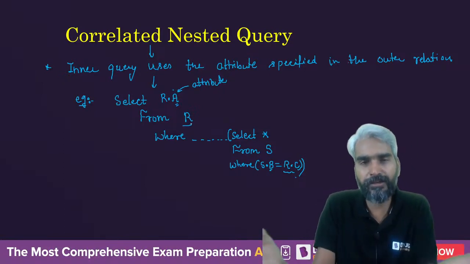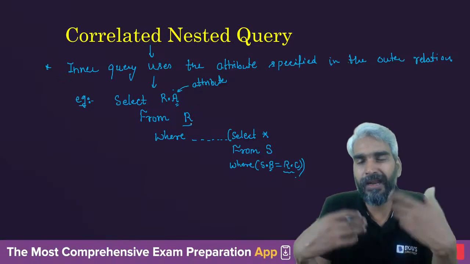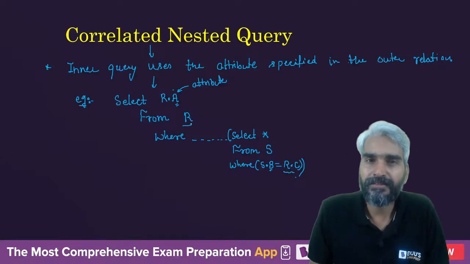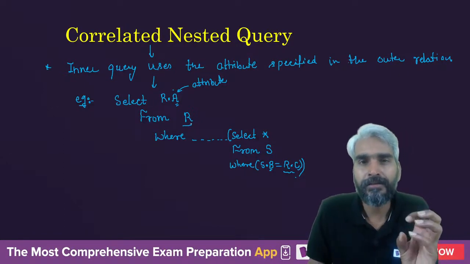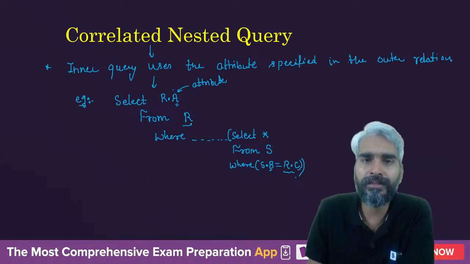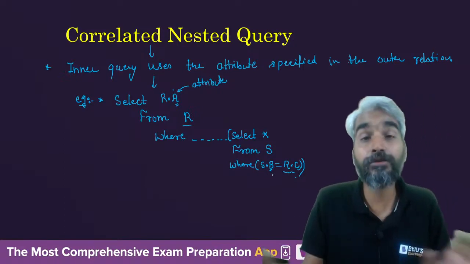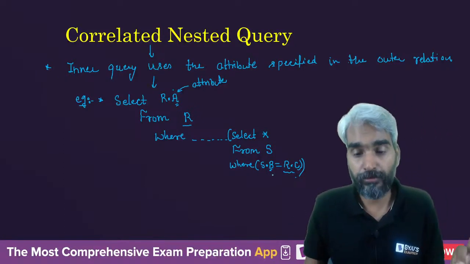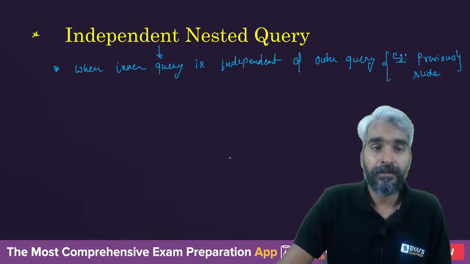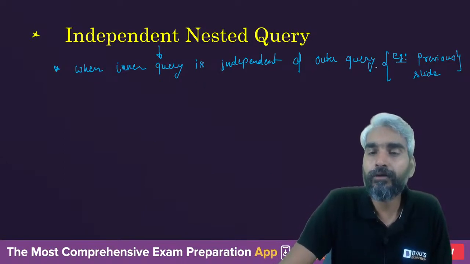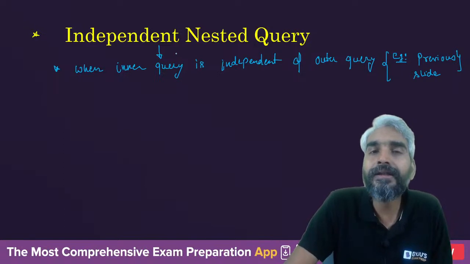If it is completely on the relation S, then perhaps we may execute it independently. But if it is using something which is available in the relation corresponding to the outer query, then this inner query cannot be executed independently. So that's the difference: when the inner query is independent of the outer query, we call it an independent nested query.